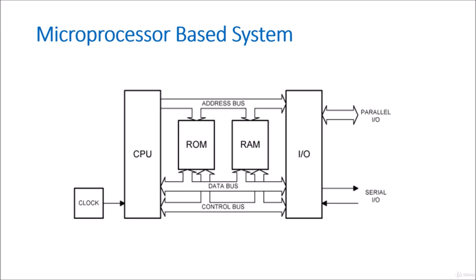More about these buses we'll discuss in next lecture. We can interface input and output devices to microprocessor through IO ports. To synchronize this data transfer operation, clock is connected to CPU. So this is typical microprocessor based system where all devices are connected or interfaced externally.